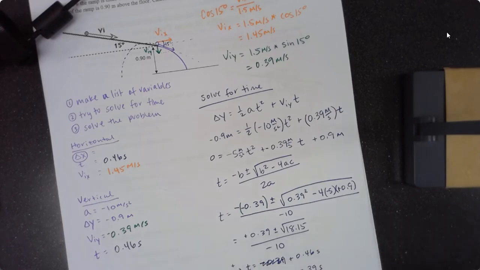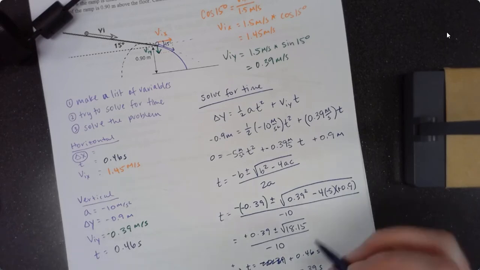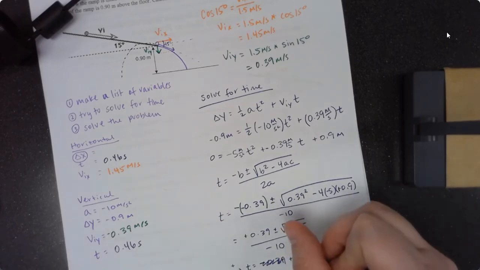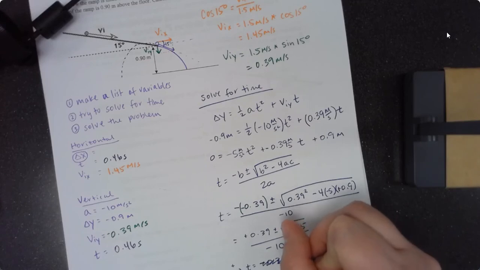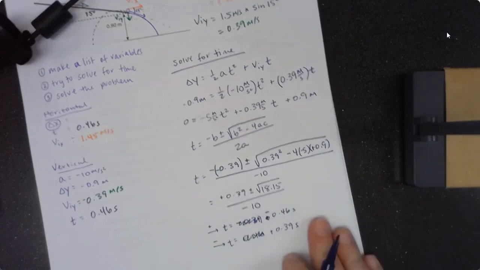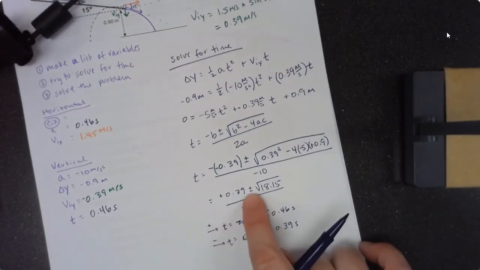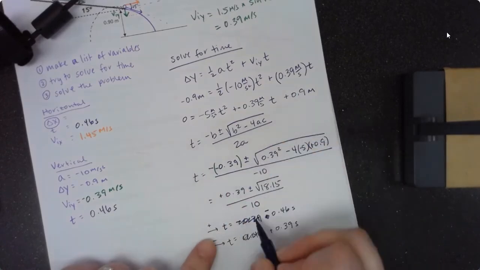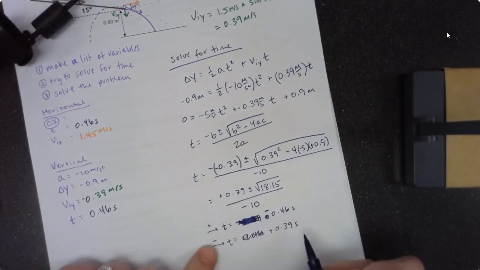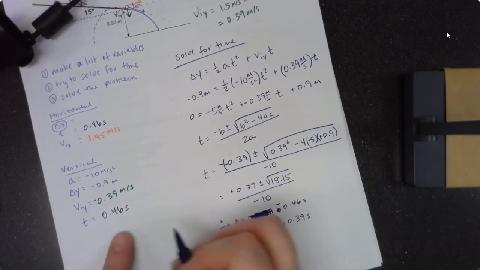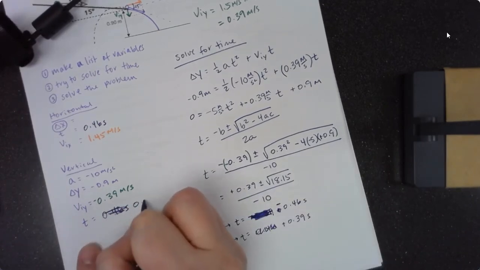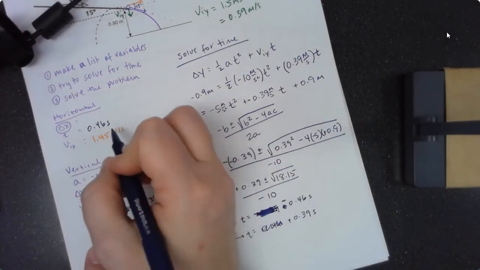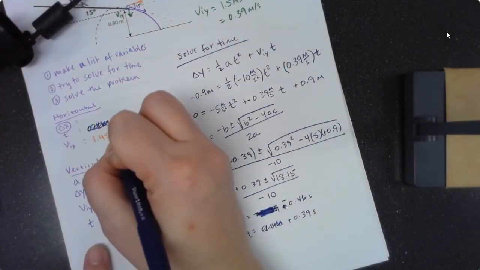It's kind of an interesting thing. Oh, this one's going to be plus 0.38, and this one would be, yeah, now I got to get my signs right down here. Okay, so if we use the positive sign in our quadratic formula, we would end up with minus 0.46. If we use the negative sign, we end up with plus 0.39.